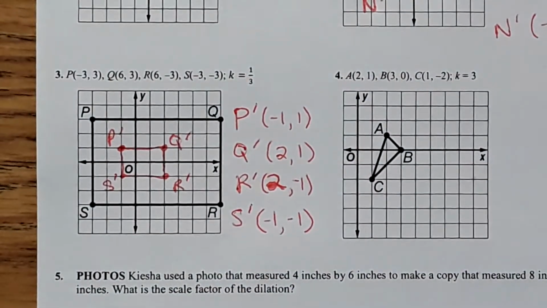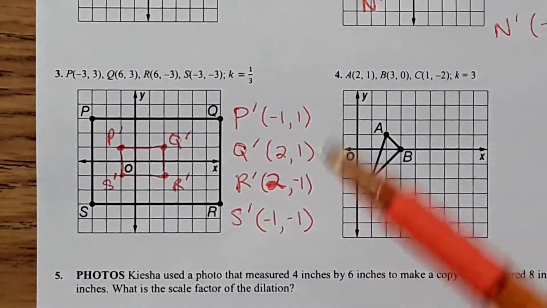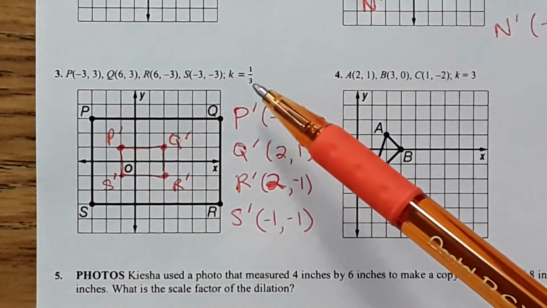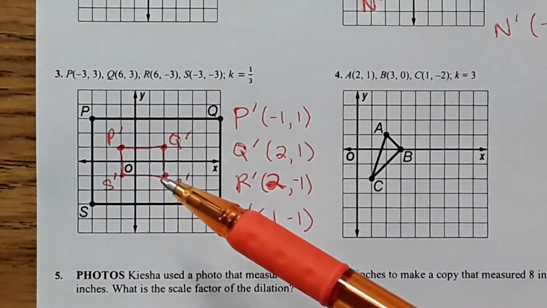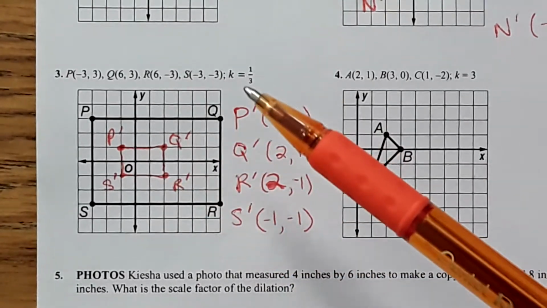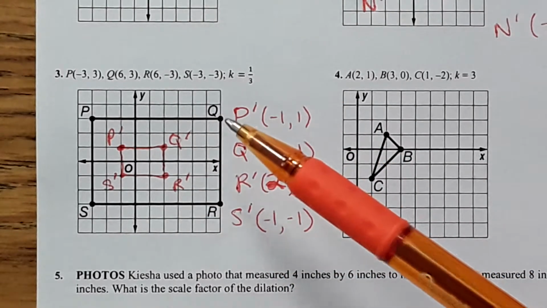So you should pause the video if you still have not finished. You shouldn't have finished so quickly, so pause it, and then you can check. Here's the graph and the vertices. You can see the scale factor is 1/3, so our new rectangle is 1/3 the size of the original pre-image.